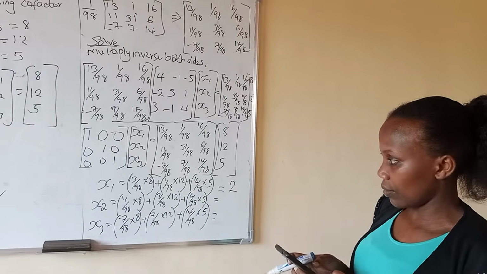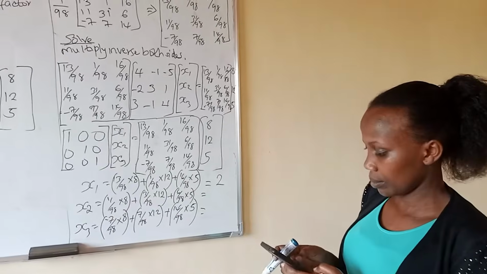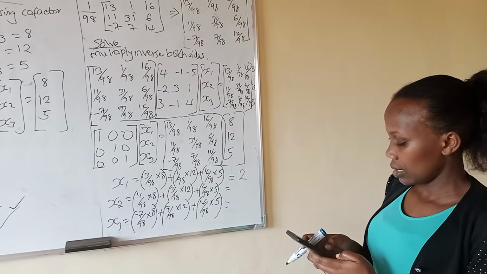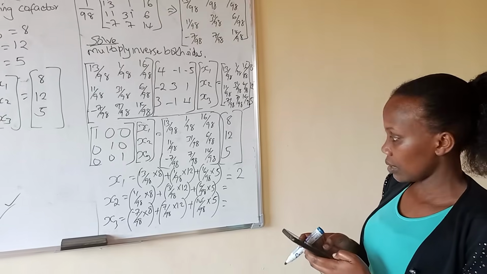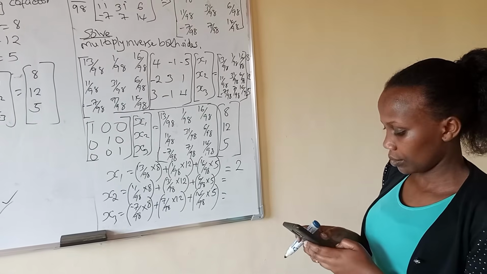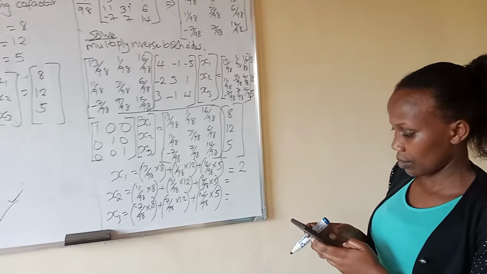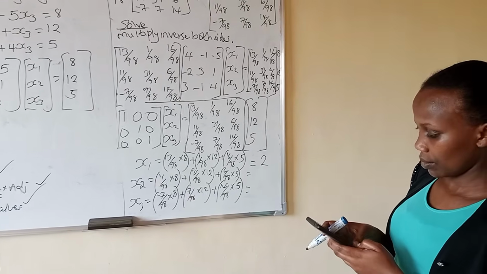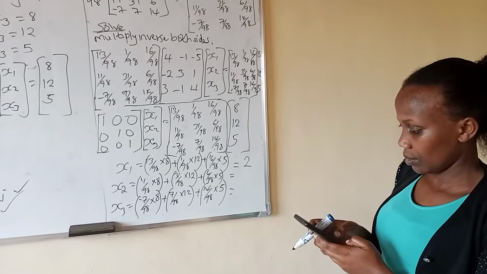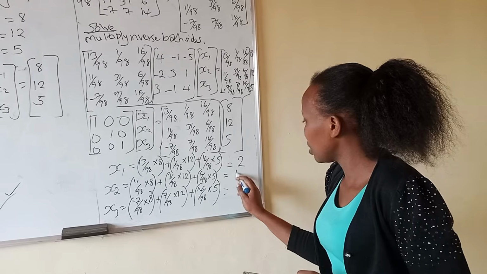Then next, you're going to get the value of x2: 1 over 98 times 8, plus 3 over 98 times 12, then 6 over 98 times 5. So this one is going to be 1.